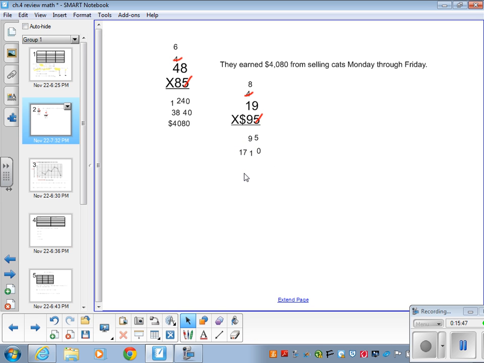After I have found that next product, what do I have to do to these two answers? Add, subtract, multiply, or divide.